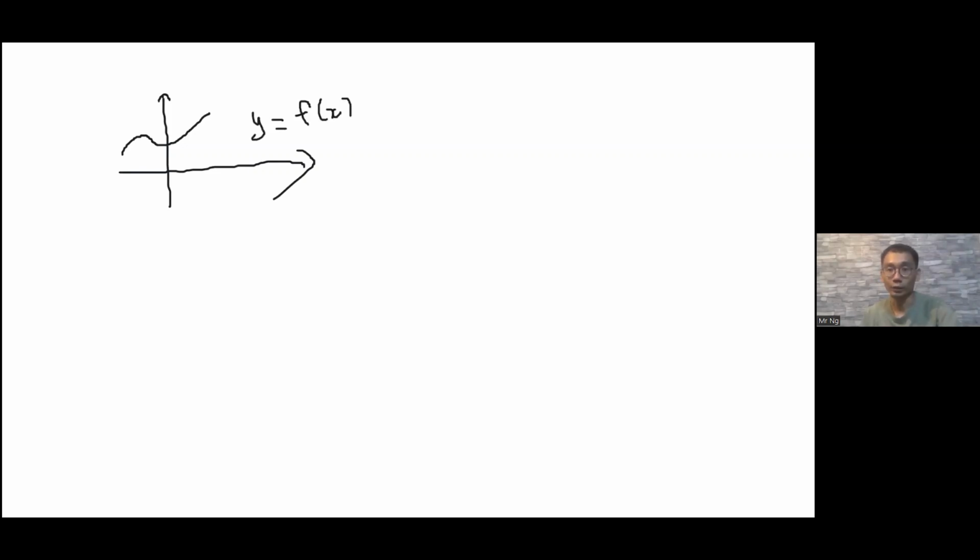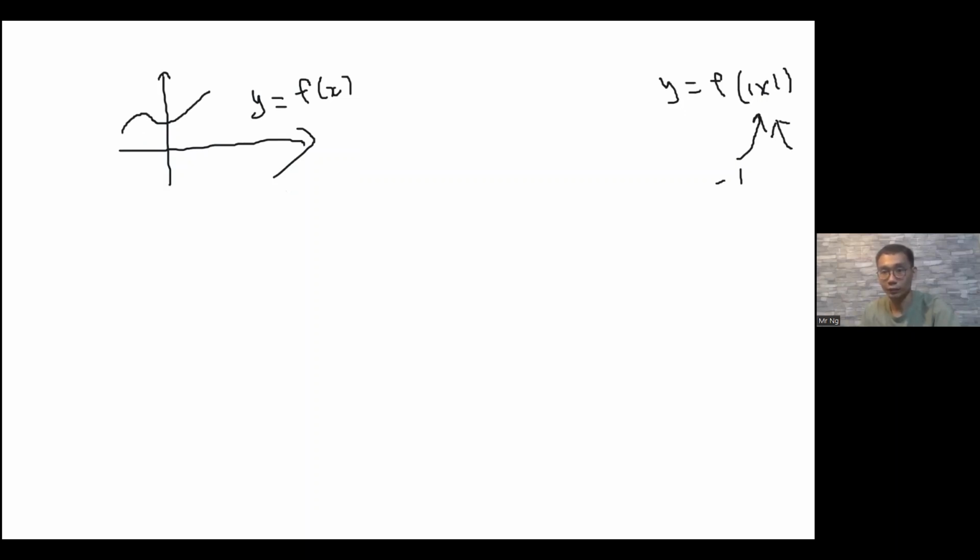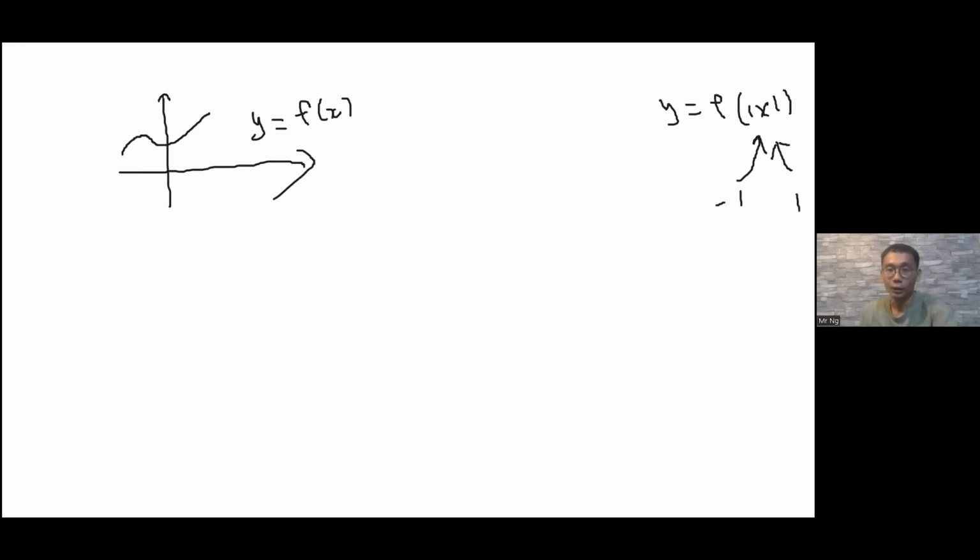Changing y equals f(x) to y equals f(mod x), you are again relying on that principle: different x, same y; different y, same x. I don't know whether intuitively you thought of that, but 1 and negative 1 are going to give you the same y value. Likewise, negative 2 and 2 are going to give you the same value.